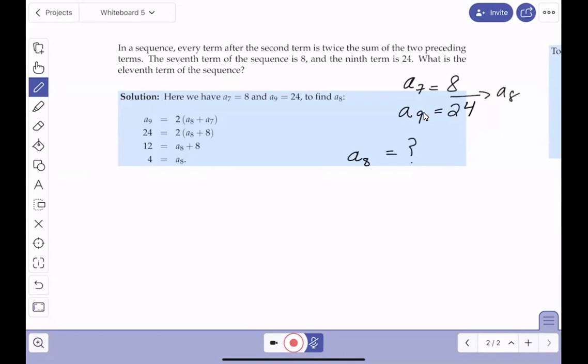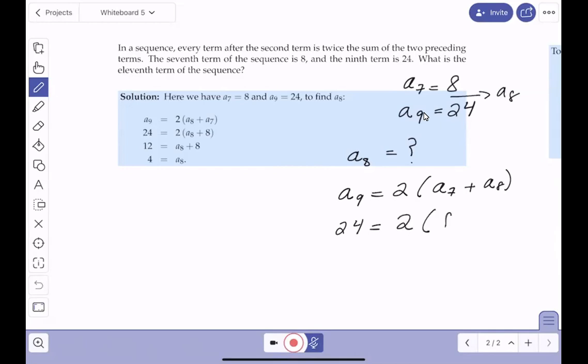But what I can do now is say that A9 is 2 times the prior two terms. What are the prior two terms? A7 and A8. All right, what's A9? It's 24. 2 times, what's A7?